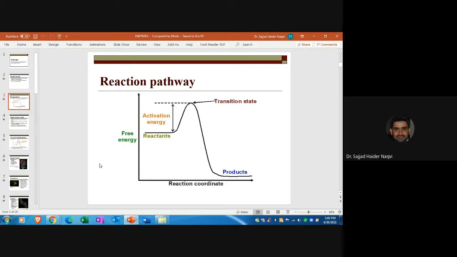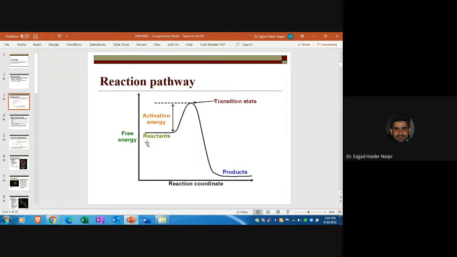Now, this graph is going to give you a better understanding of what we are talking about. You must have gone through this graph earlier in your chemistry courses. So you can see here that this is what the reactants are, what we call the substrate, and that's the product. Now, in this particular graph, you can see that this reactant or substrate has some amount of energy which is already there in the reactant. That energy, which is called the free energy, is the energy which the reactant molecules already have.